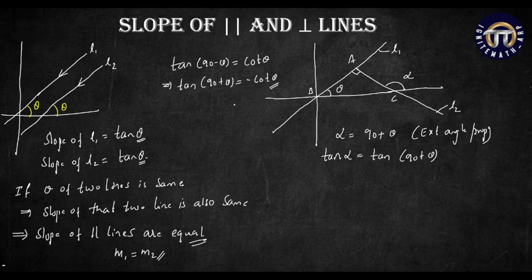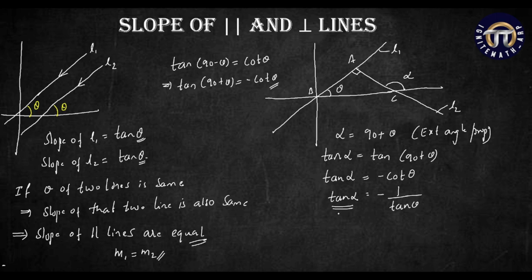You learn about all these concepts in the higher classes, children. So now here I can write tan alpha is equal to minus cot theta, which can be written as minus 1 by tan theta, because cot and tan are reciprocals. So tan alpha is equal to minus 1 by tan theta.